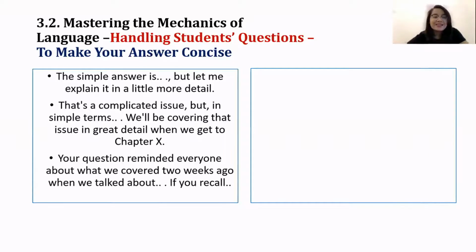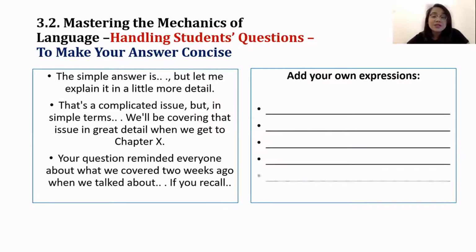Yes. So in here, the answer to the question from your students can be very complicated, can be very long, but to make it effective, to make it concise, we need to simplify the answer, and we can use those phrases. Now, can you add your own expressions?